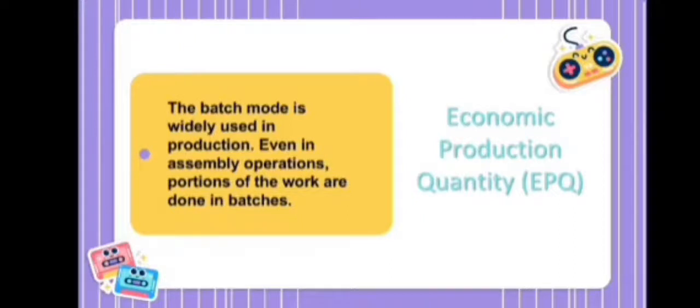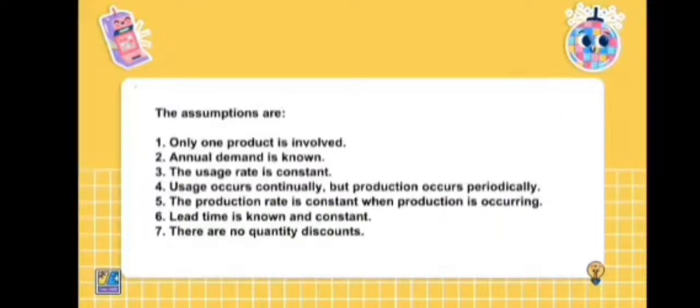The assumptions of the EPQ model are similar to those of the EOQ model, except that instead of orders received in a single delivery, units are received incrementally during production. So the assumptions are: first, only one product is involved.